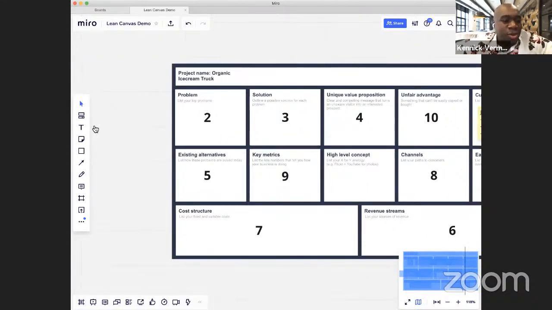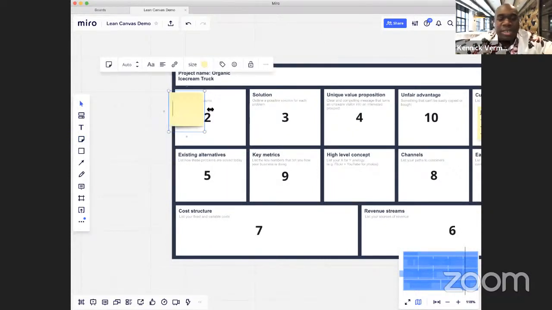Now, what are Jenna's problems? She wants to create a healthy environment. Well, her biggest problem is the current ice cream providers sell low quality ice cream.